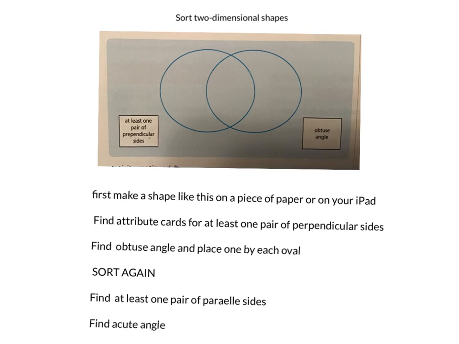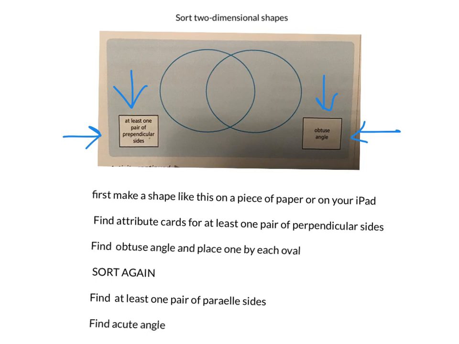So look at your cards and then put them, does it go underneath along with here, or does it go here? And remember, attributes are what it looks like. What can you tell me about them? So today, what you're going to do is look at the shapes that you cut out and then sort them according to their attributes.